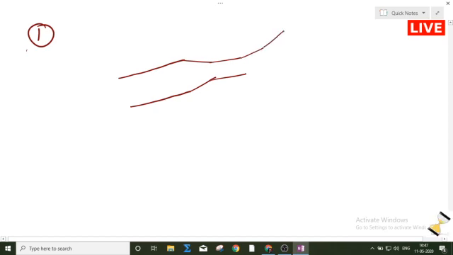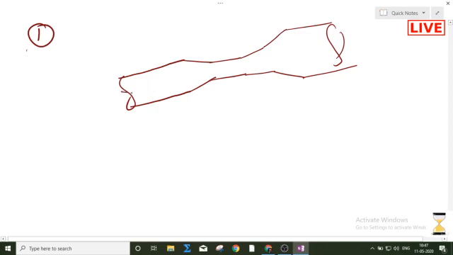So the venturimeter is there, this is my venturimeter, and it has been connected like this, and this is my throat, and this is my venturimeter. Now this is the center line of the venturimeter.